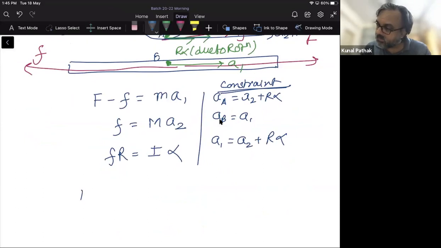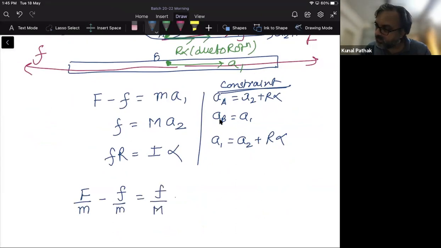So I can write a1 is equal to a2, which is F by capital M, plus r alpha.